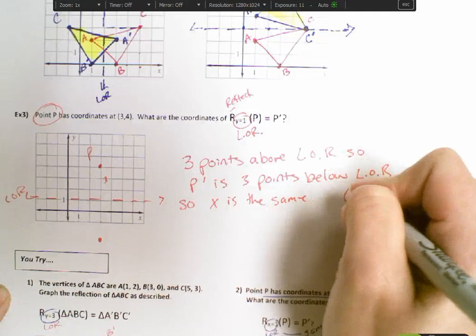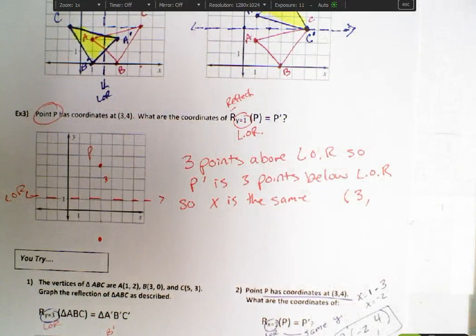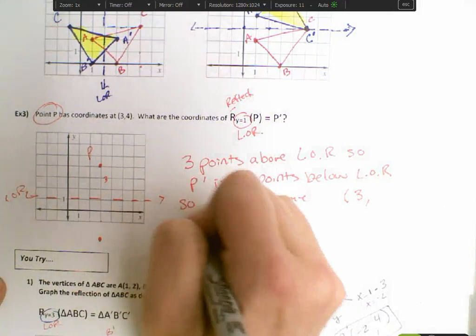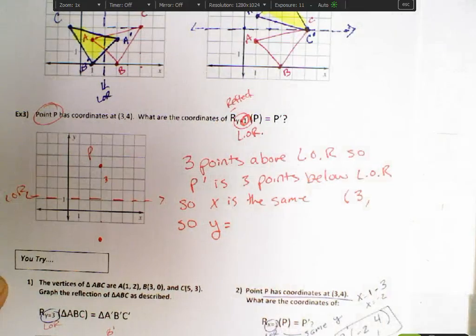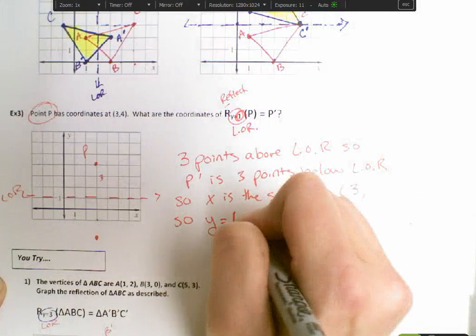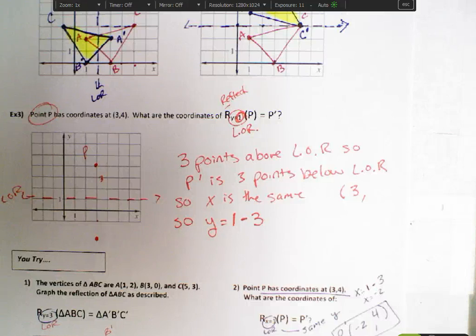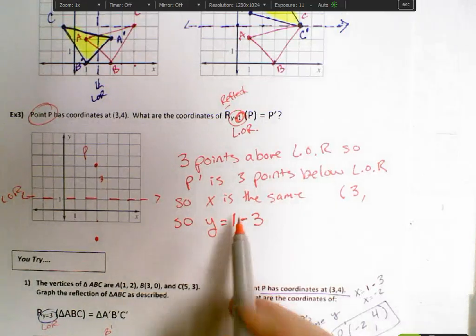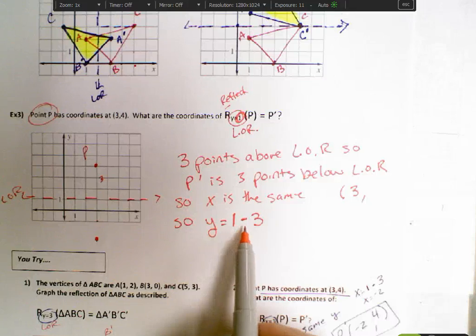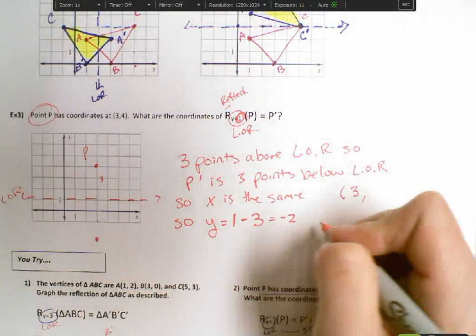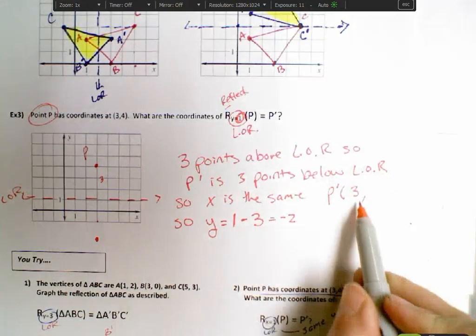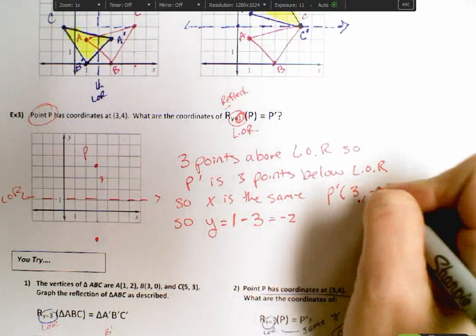So I know I have a point at 3, and then I just have to figure out what my point is for the reflected Y. So Y is going to equal, wherever my line of reflection is, 1, take away the 3 points below that I need. So my line of reflection is at 1, but I need to be 3 below that line. So subtract 3 equals -2. So that means P prime is going to be at 3, -2.